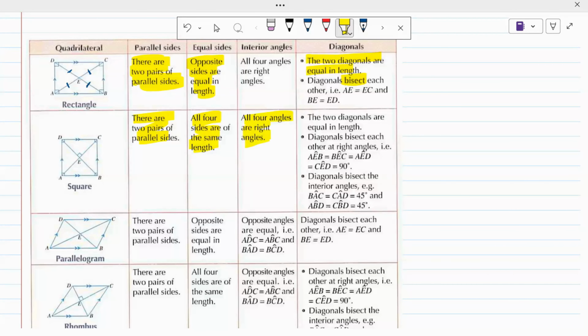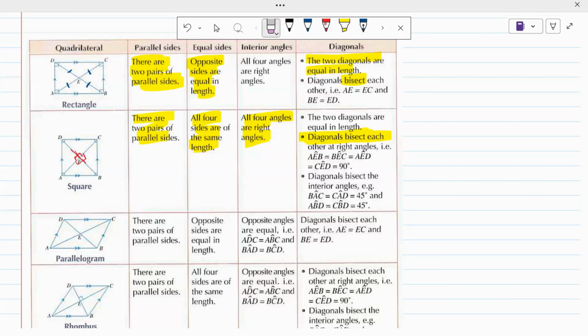What makes a square different is the two diagonals. They do bisect each other. But apart from bisection, there is one more special property associated, and that is the diagonals also intersect at 90 degrees. So all these diagonals would be intersecting at 90 degrees.